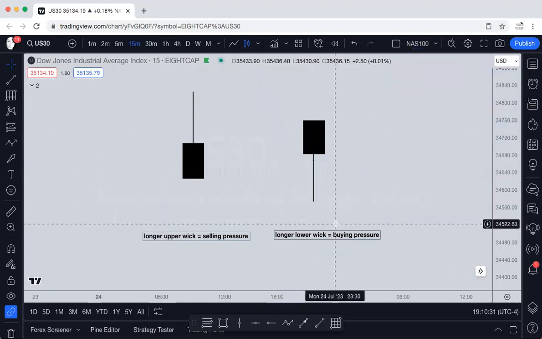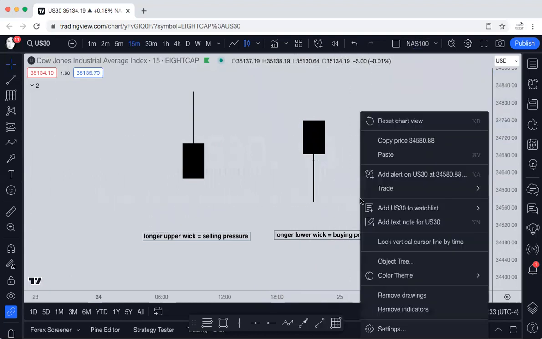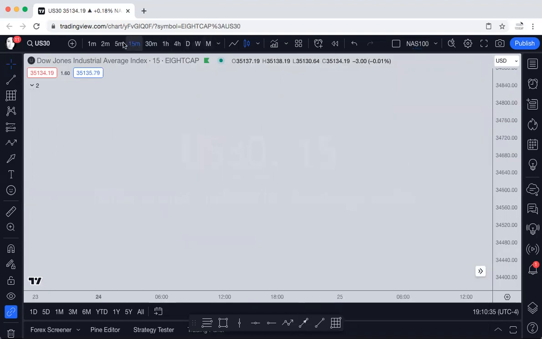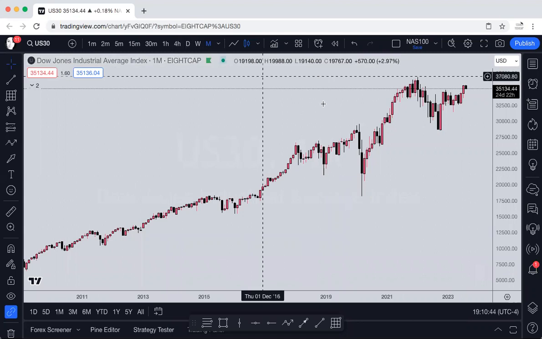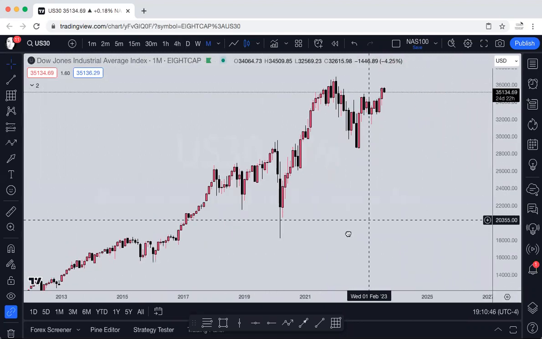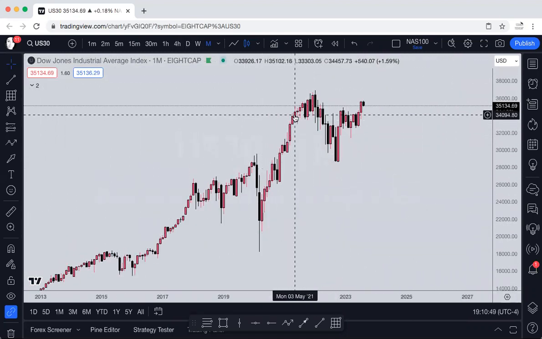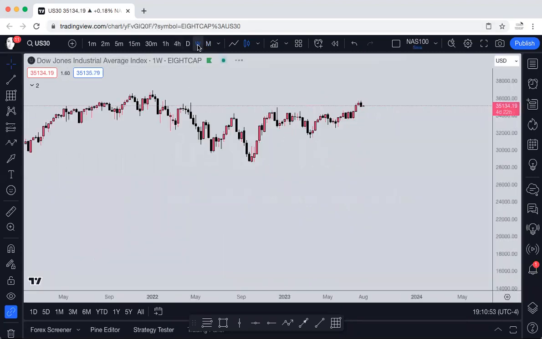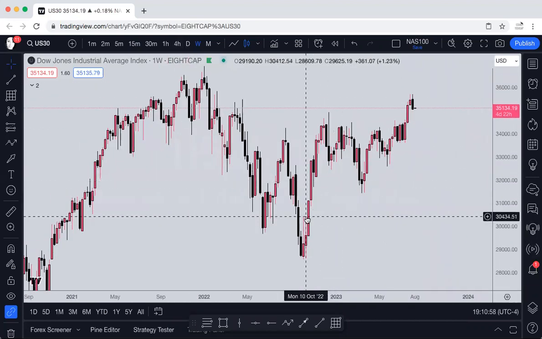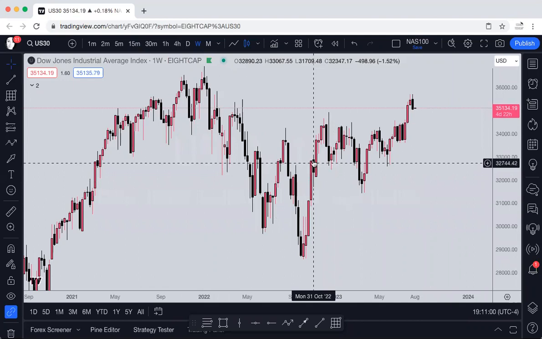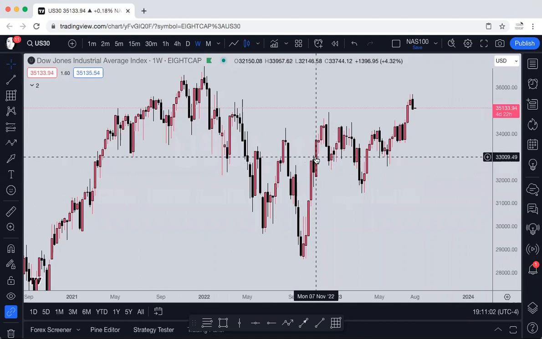All right. So another thing that I would like to go over with you guys are your time frames on your TradingView. If I go to the monthly for US30 or Dow Jones, this is telling me that each candle represents 1 month of time. If I drop down to the week, this is telling me that each individual candle represents 1 full week.